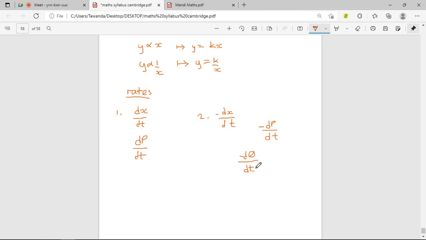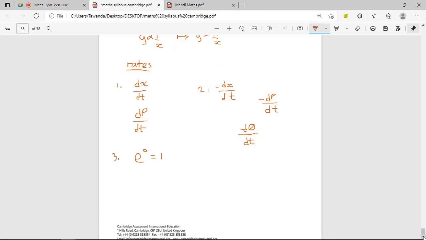And also, you need to take note of these terms. I think you know e to the power of zero is 1, right? Because we are talking about rates, we'll be talking about time.